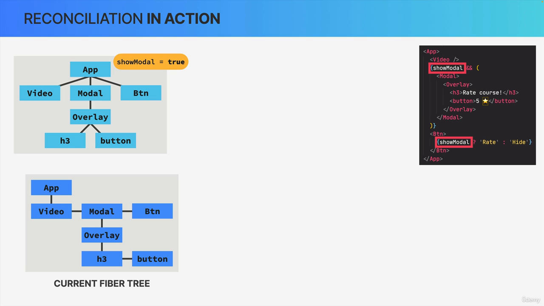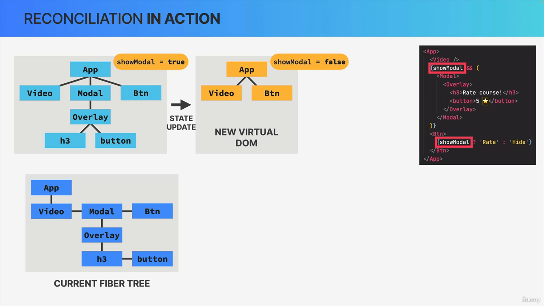So let's say now that the state is updated to false. This will then trigger a re-render, which will create a new virtual DOM. And in this tree, the modal and all its children are actually gone, because they are no longer displayed when showModal is not true. Also, all remaining React elements are yellow, meaning that all of them were re-rendered.